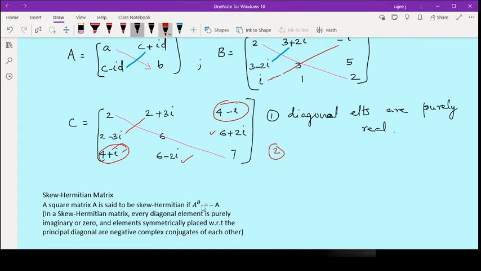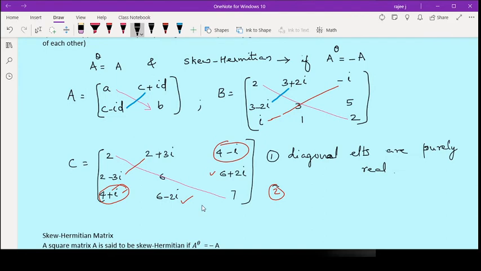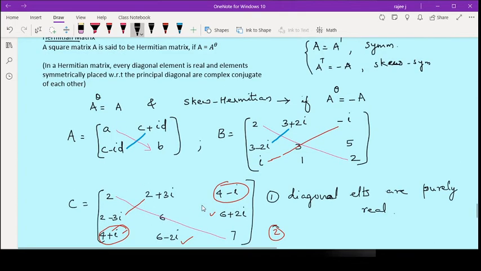First property is that the elements placed symmetrically opposite to the diagonal elements are conjugate of each other. That is a definition. Okay, so in a Hermitian matrix, elements placed diagonally opposite to the diagonal elements are conjugate of each other. That is what I have written here.